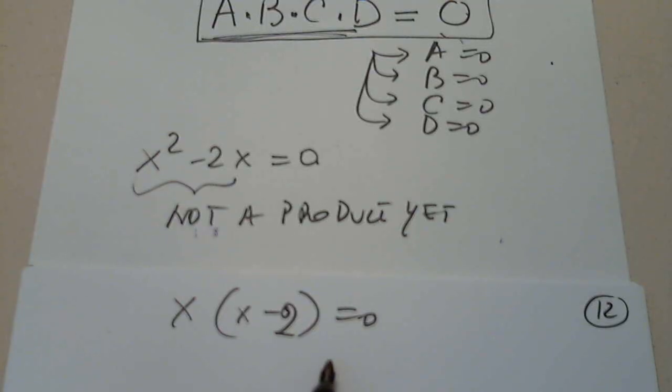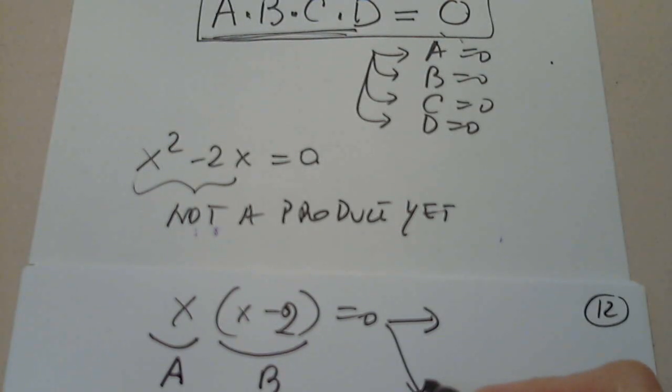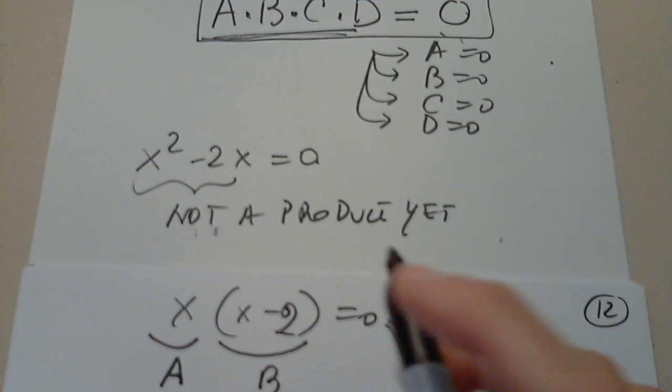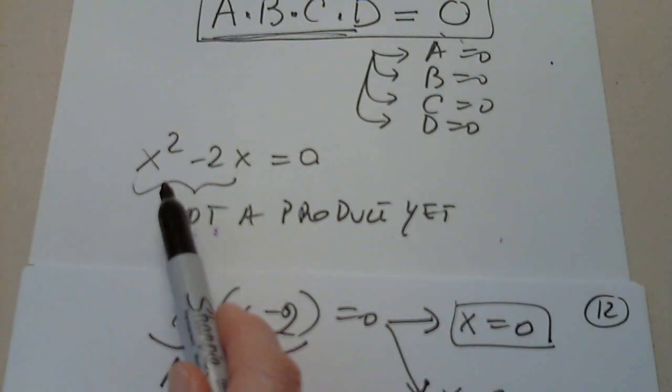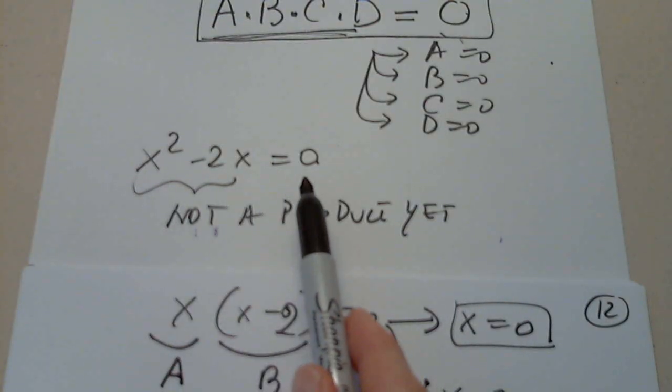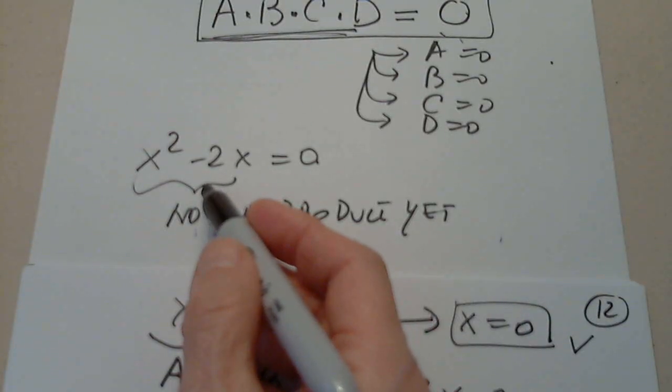So this left-hand side now is a product. It has 1 factor, and it has a second factor. So if the first factor is 0, x is 0. If the second factor is 0, x minus 2 is 0, which means x equals 2. So these are the 2 solutions of the equation x squared minus 2x equals 0. This makes sense because the degree is 2.